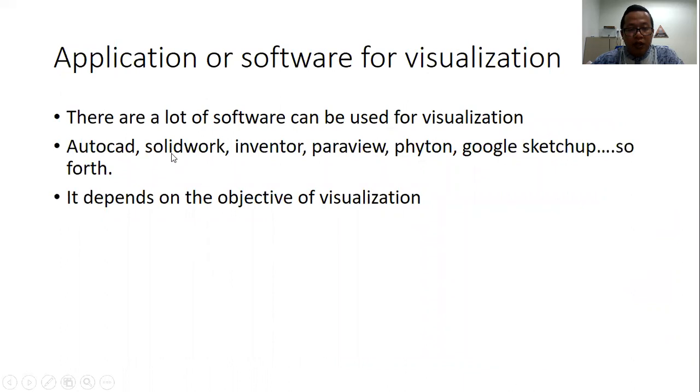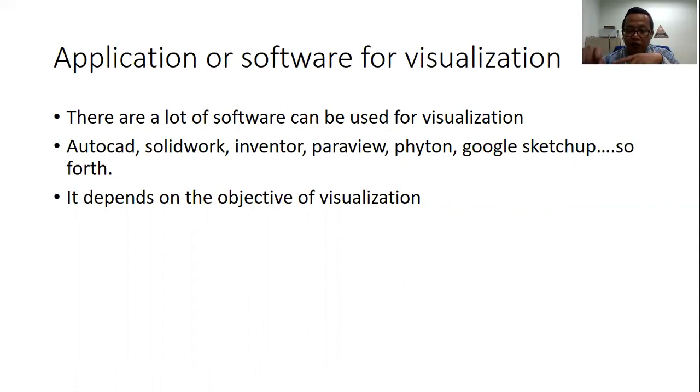Okay, actually there is a lot of software that can be used for visualization. When you see the visualization of the 3D scanner, for example, MRI, when people go into the hole, the doctor will check, and then they will see the visualization of the part of the body.